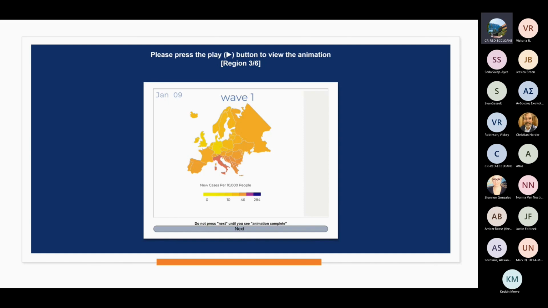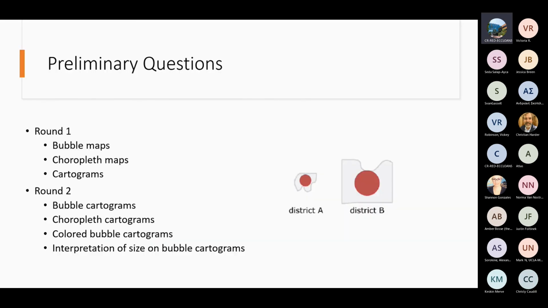In the middle part, we can embed the static and animated disease map. And also, as I said before, we had 3 question sections: preliminary questions, main questions, and preference questions. And then 2 rounds of survey were conducted.